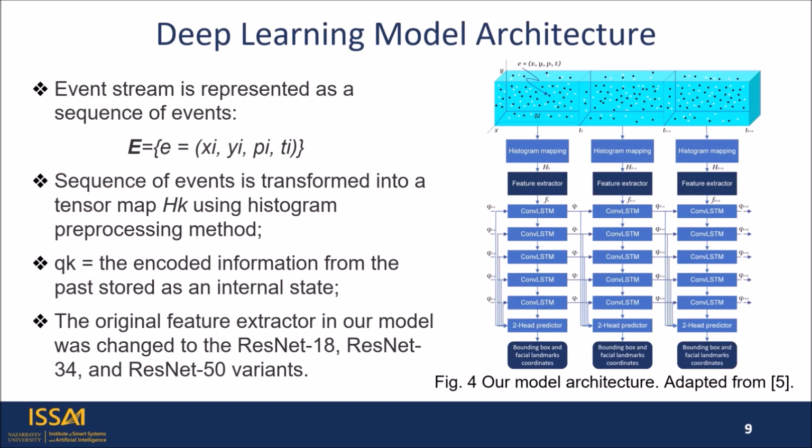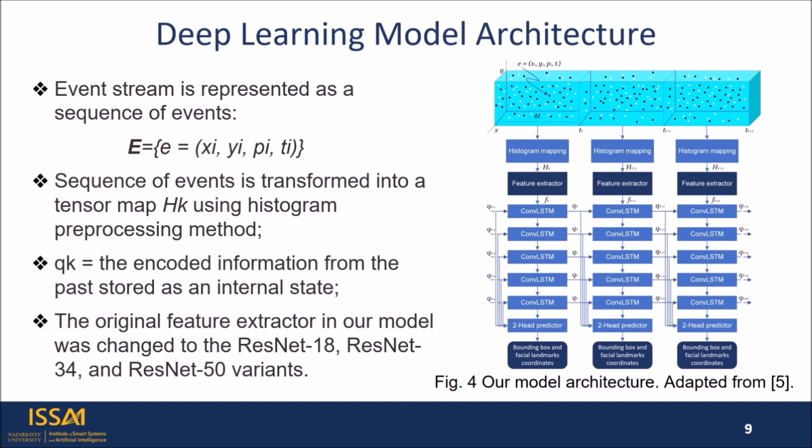So here we can see that the event stream is represented as a sequence of events, and the events are accumulated over a short period of time, named accumulation time. After that, this accumulation is transformed into a tensor map using the histogram preprocessing function. Afterward, features are extracted from the tensor map.